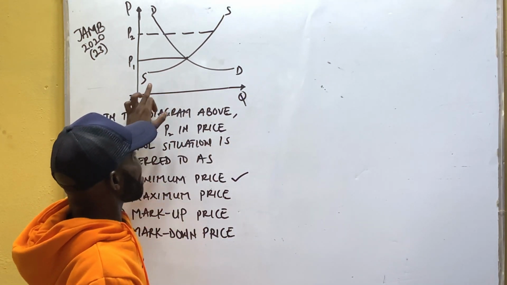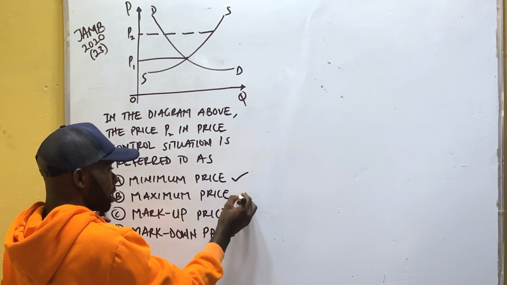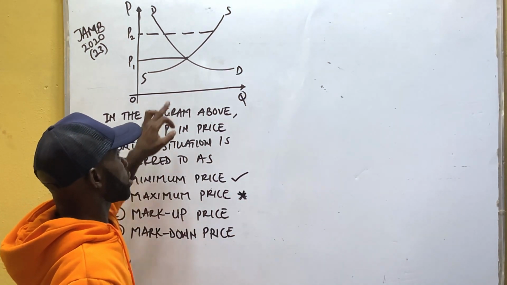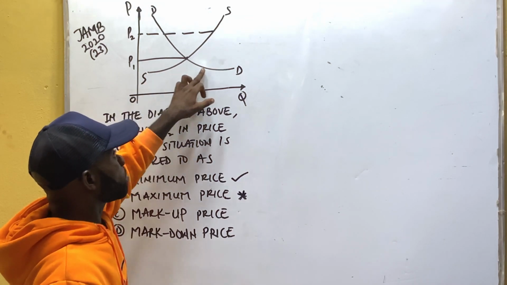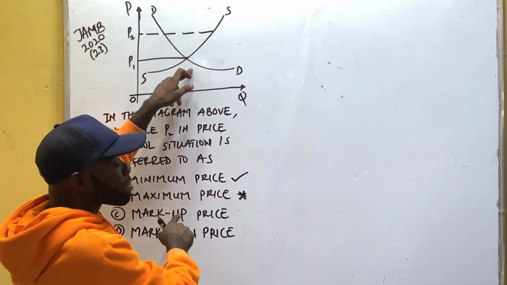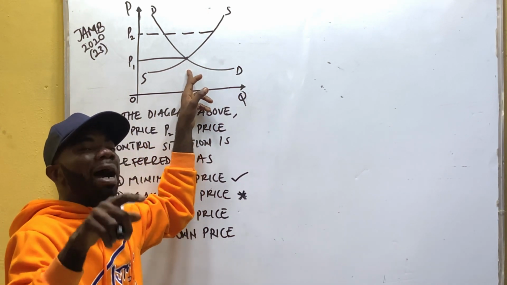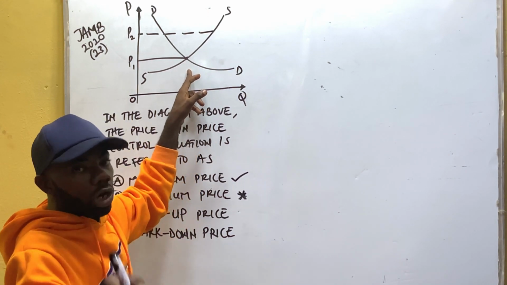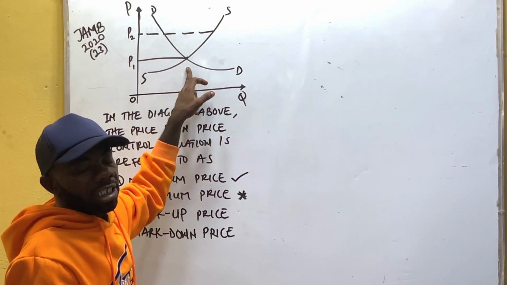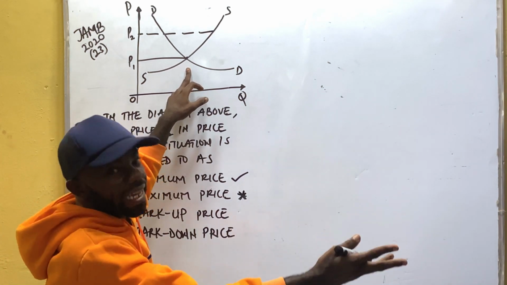The opposite of this is maximum price legislation, and that's what we have at option B. It cannot be our answer because maximum price legislation is always below the equilibrium price. And when it goes below the equilibrium price, it is maximum price because it is the highest amount under law that consumers are expected to pay for goods and services purchased.